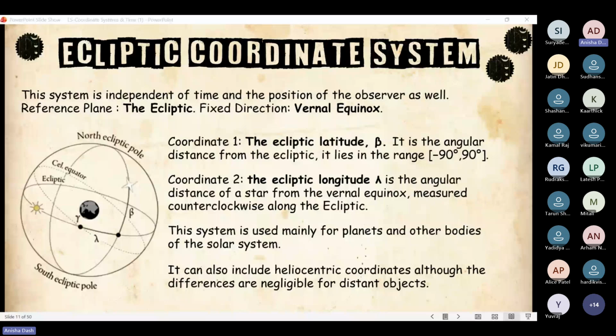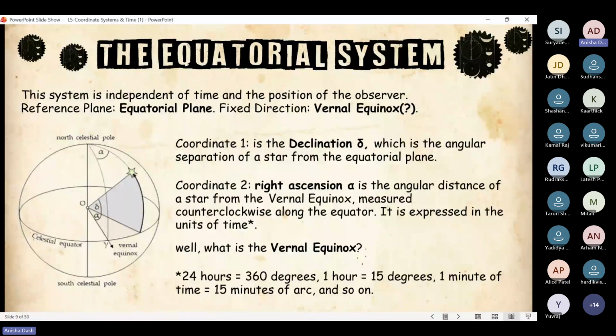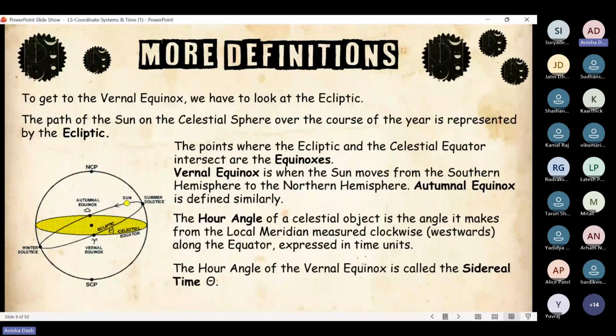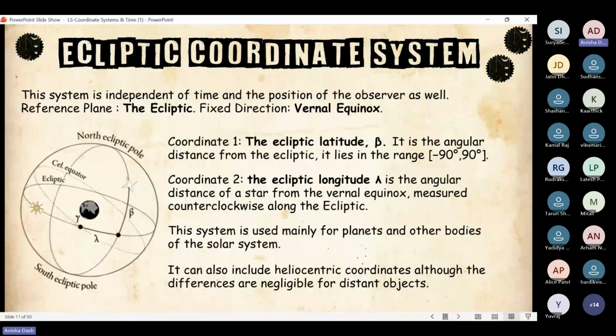If you would have noticed, the fixed direction in the equatorial system was the vernal equinox as well. The first coordinate in this system is the ecliptic latitude, which is the angular distance of the celestial body from the ecliptic. The second coordinate is the ecliptic longitude, which is the angular distance of the star from the vernal equinox, and it is measured anti-clockwise from the ecliptic.